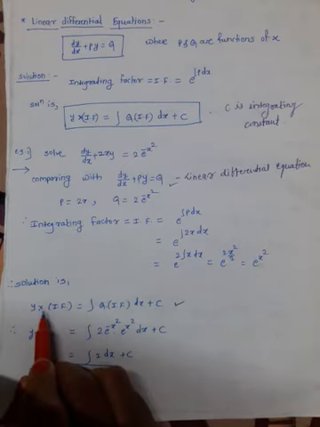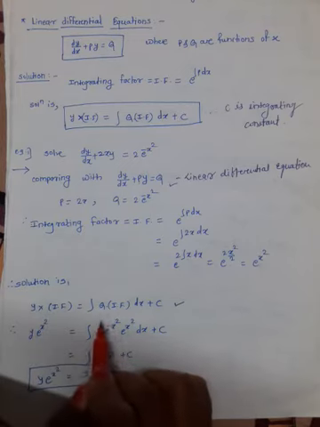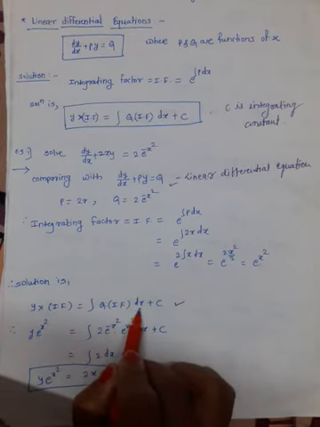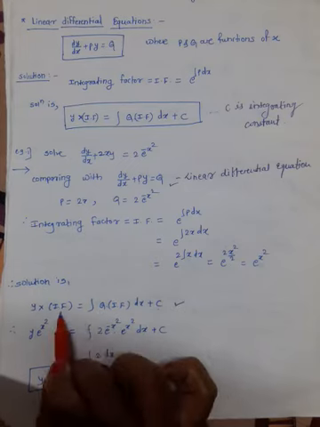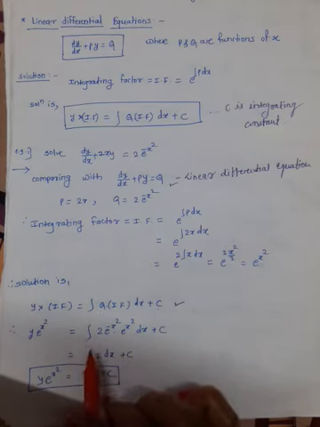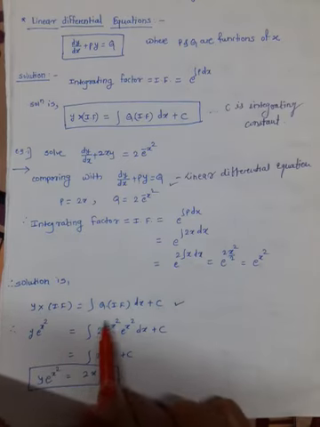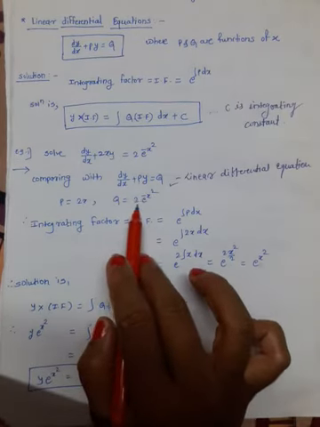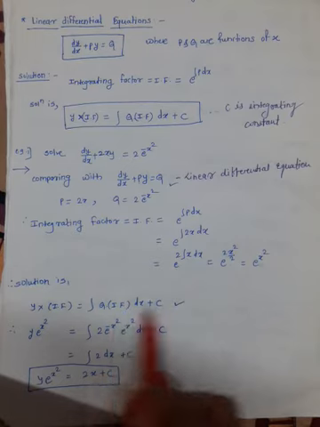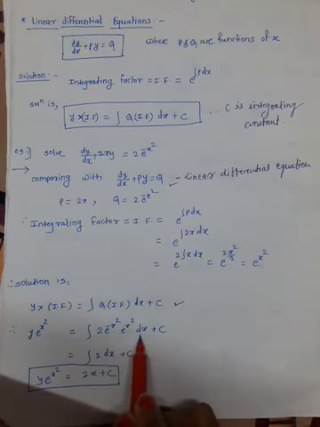Now this is the solution statement: y into the integrating factor is equal to the integration of q into the integrating factor dx plus c. Put the values of q and the integrating factor here. We get y into e raised to x square is equal to the integration of 2 e raised to minus x square into e raised to x square dx.